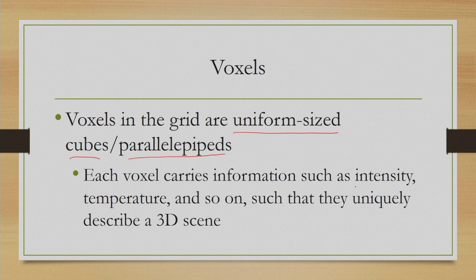What is that information? The intensity at that particular 3D region, the temperature of that region, and so on. And this information actually helps in uniquely describing the 3D scene. So, essentially voxels have attributes which are characteristic information for the particular object in the scene.